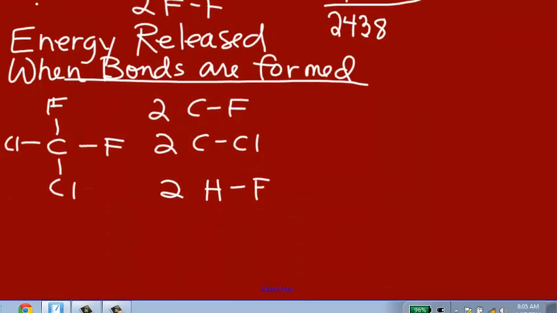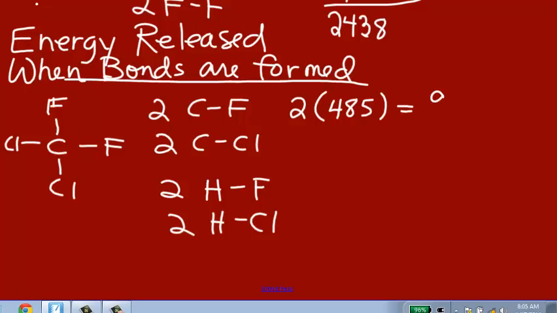And then we have H to Cl. Oh, hold on. Let's just wrap this up. And we're going to make 2 of those. So again, we look up their bond energies. C to F is 485, which is 970. C to Cl is 339, which is 678.